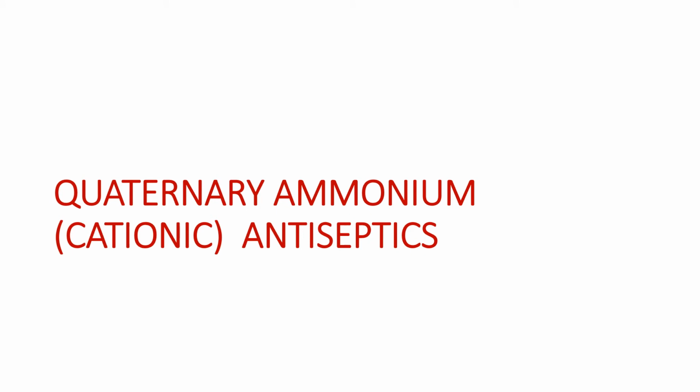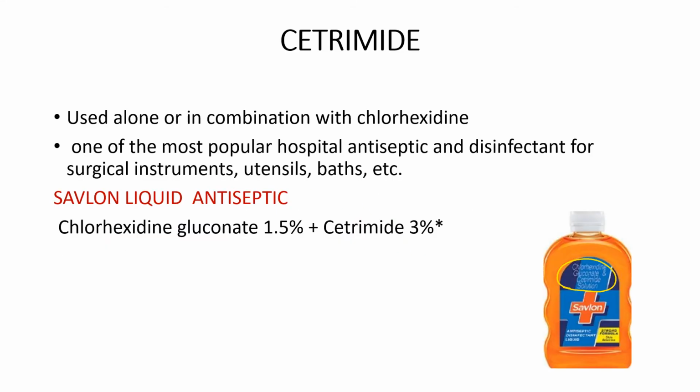The next group of disinfectants is quaternary ammonium antiseptics. So cetrimide is an antiseptic which is used alone or in combination with chlorhexidine. It is one of the most popular hospital antiseptics, and it is also a disinfectant.